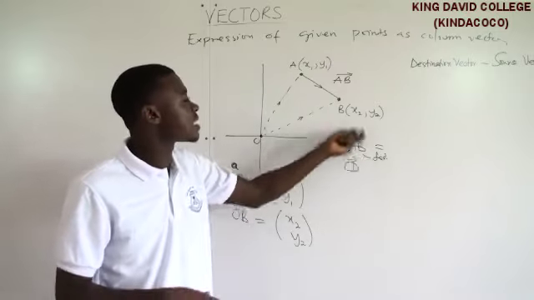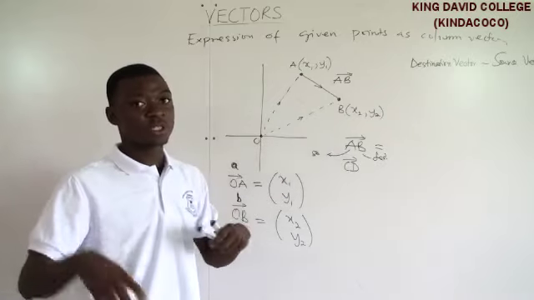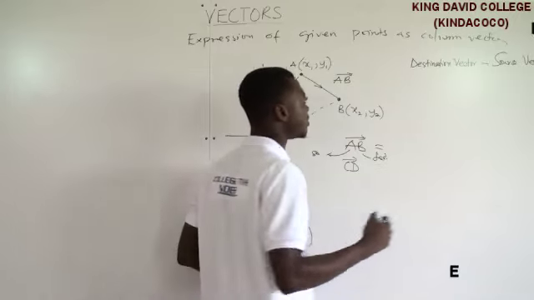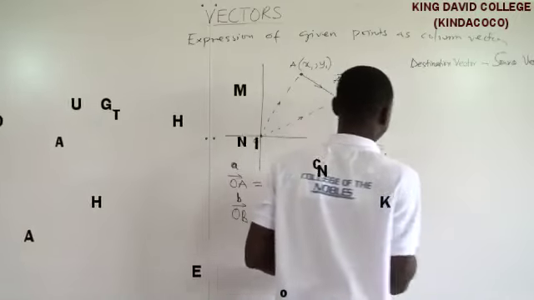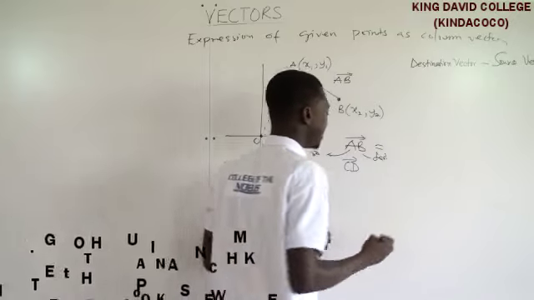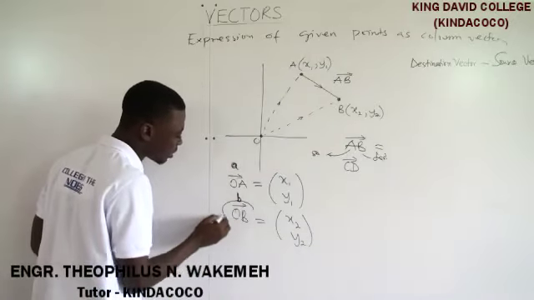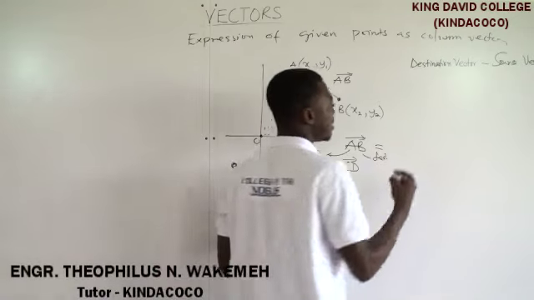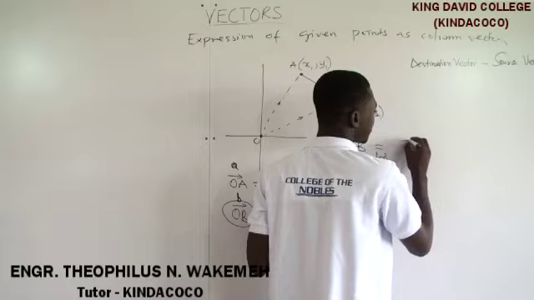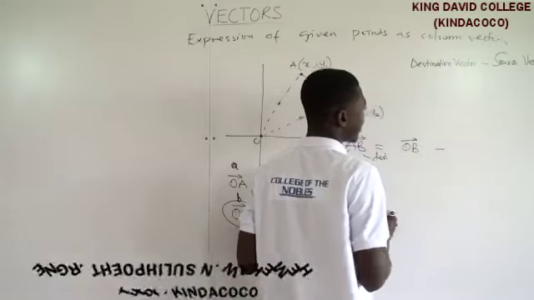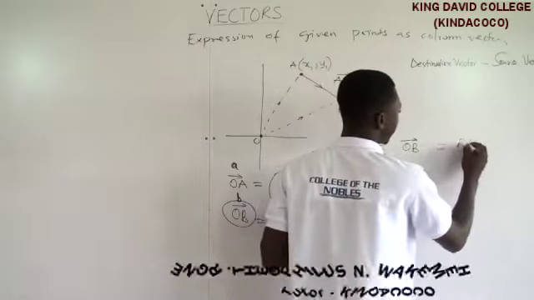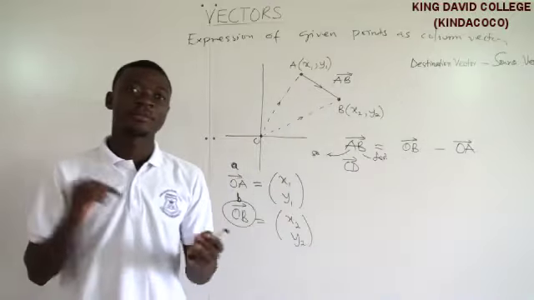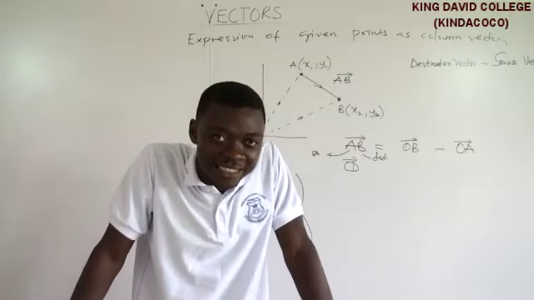So if I want to express this as positional vectors, it's going to be the destination vector, which is B. So it's like vector B, and I said vector B should also be written as having a link with the origin. So this one is going to be OB minus OA. This will never change.